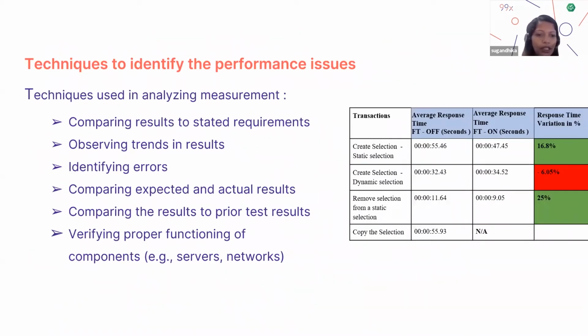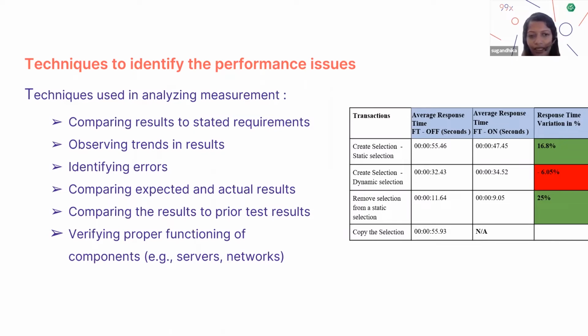So the first one is comparing results to the stated requirement. As I mentioned in the first slide, we have to define our objective beforehand, before starting the test, before even doing the script itself. In that objective, they may have defined the number of users you have to reach, the response time we need to reach, and the CPU utilization we have to check. So likewise, that has been defined.